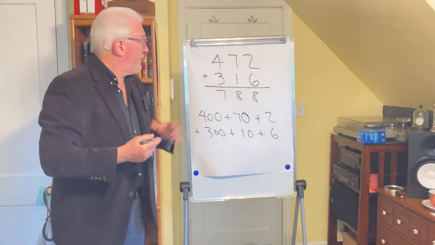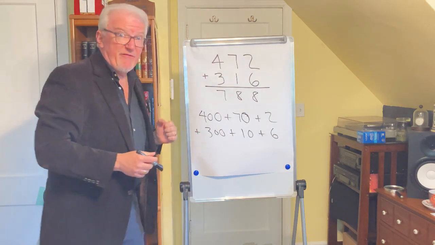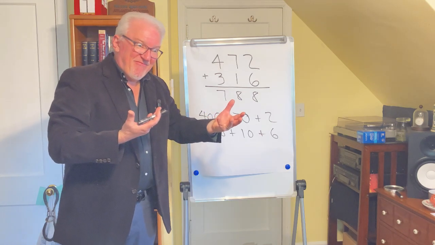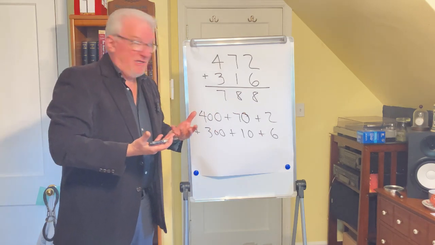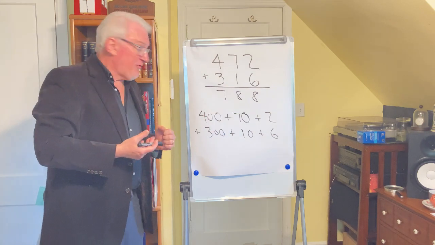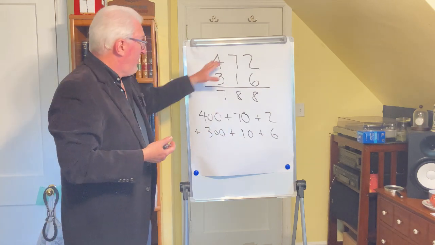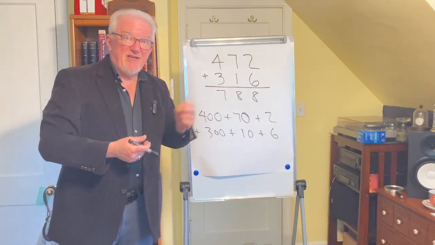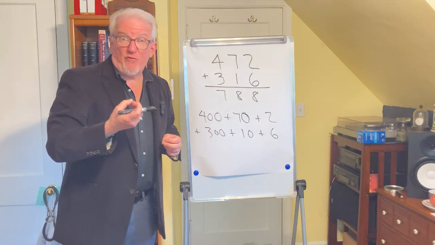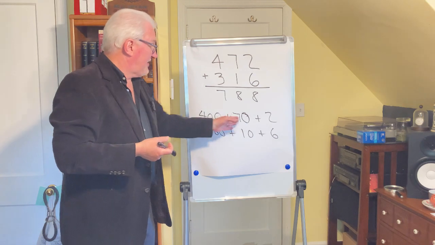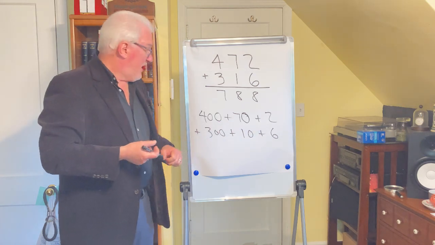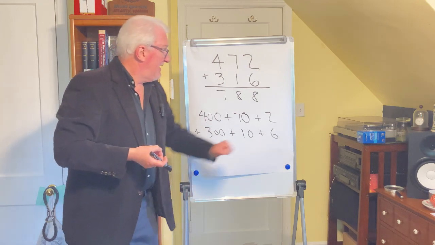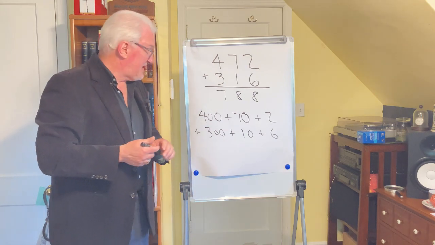In fact, whenever we read these numbers, 472, what we're really doing is verbally adding those three numbers together, the 400, the 70, and the 2. The "ty" on 70 is actually short for 10. So 4 hundreds, 7 tens, 2 ones, added to 3 hundreds, 1 ten, 6 ones, 316.